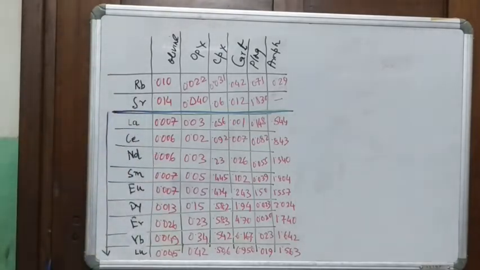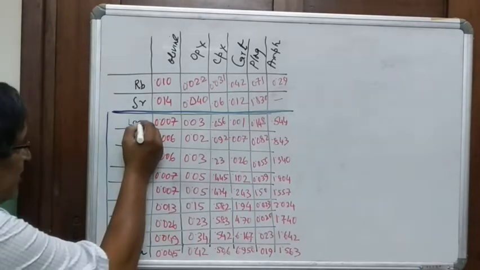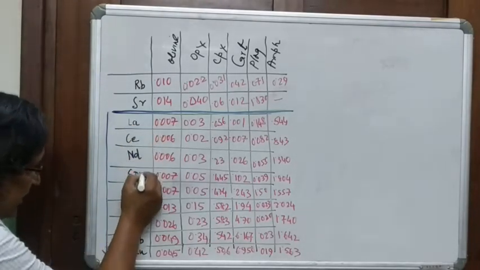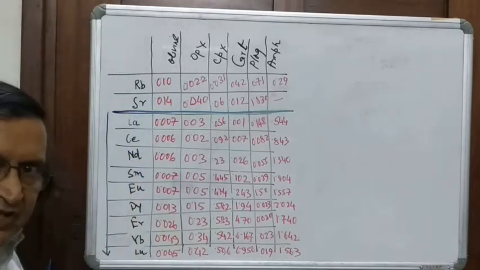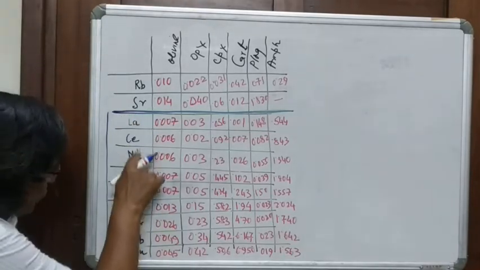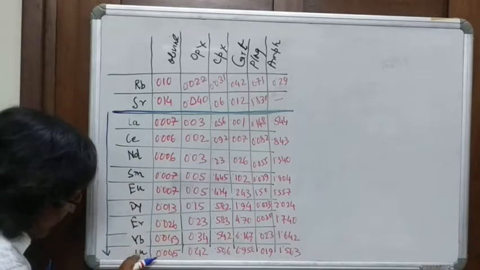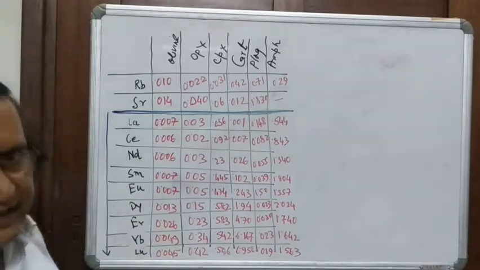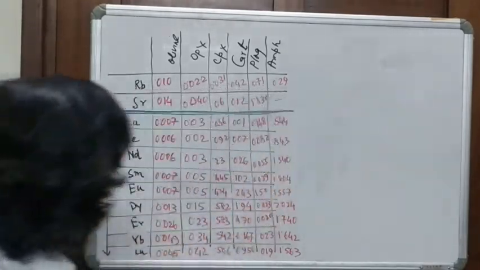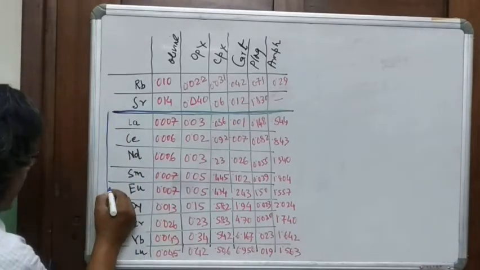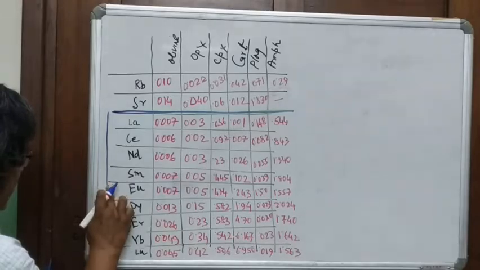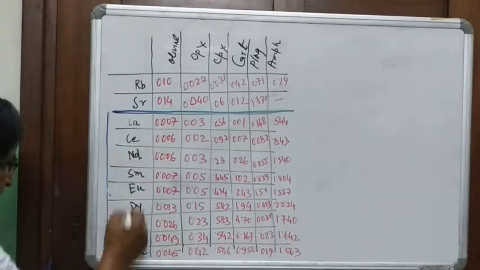If you remember what I taught, the ionic radius decreases as we go from lanthanum, a light rare earth element, through the middle rare earth elements, and then the heavy rare earth elements. The ionic radius decreases from lanthanum to lutetium.